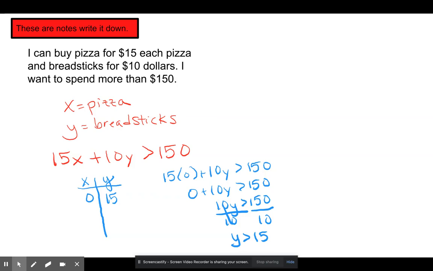Next thing you can do is you can make y 0 and solve. So 15x plus 10 times 0 greater than 150. 15x is greater than 150. Divide by 15. X is greater than 10. So now we have 2 points. 2 points make a graph. So let's make a quick graph if we're asked to graph.